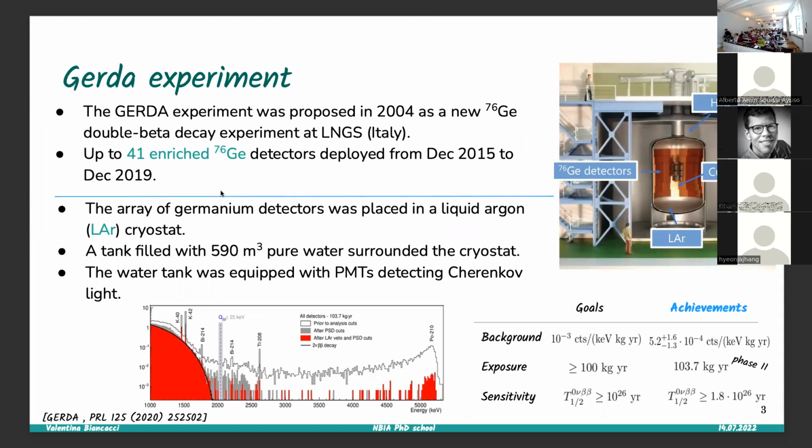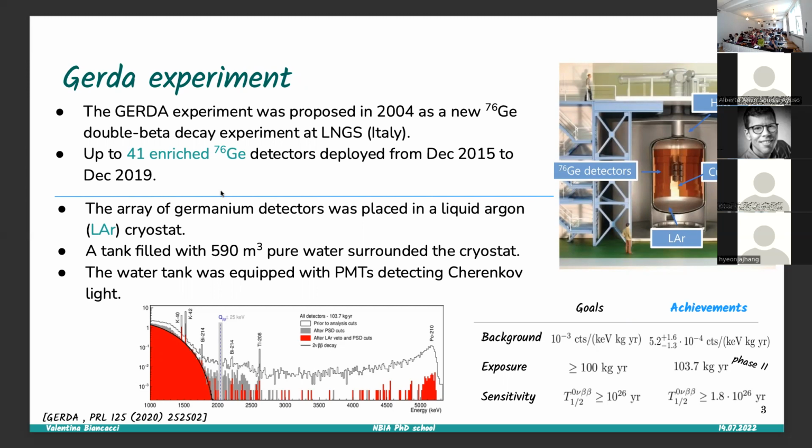As Abby already said, it was an experiment in the Gran Sasso laboratory searching for this decay using germanium detectors enriched in the germanium-76 isotope. These detectors were placed in arrays in the liquid argon cryostat, surrounded by pure water.